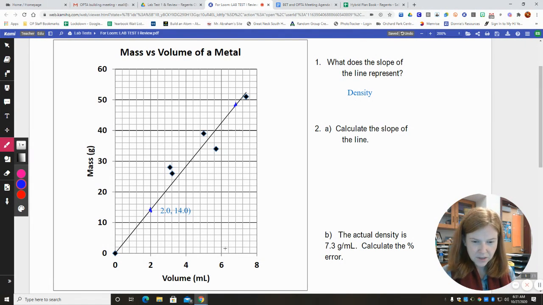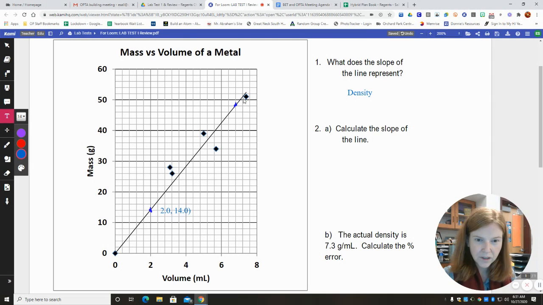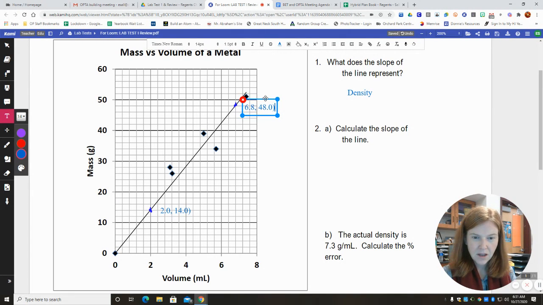Okay, so on here, each of these goes up by 0.4, so that would be 6.8, comma, 48.0, I believe. Again, if your points are different than mine, that's perfectly okay. I just found 2 points where the diagonal crossed the hash marks of the graph paper. Yours may look different. That is okay.